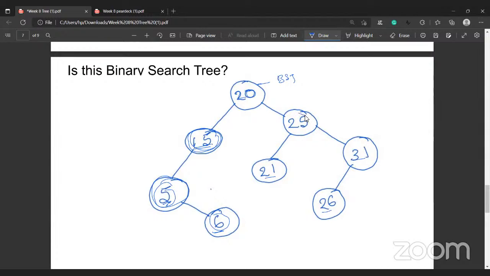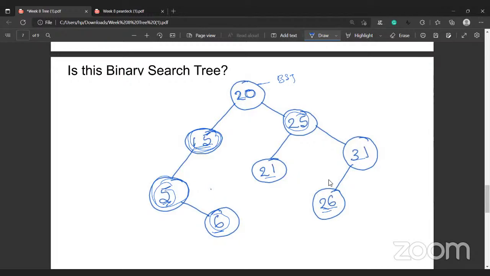Let's check this 25. 21 is less than 25, yes. We also have to check the right subtree. 31 is greater than 25, yes. Let's check 26. 26 is greater than 25, yes.